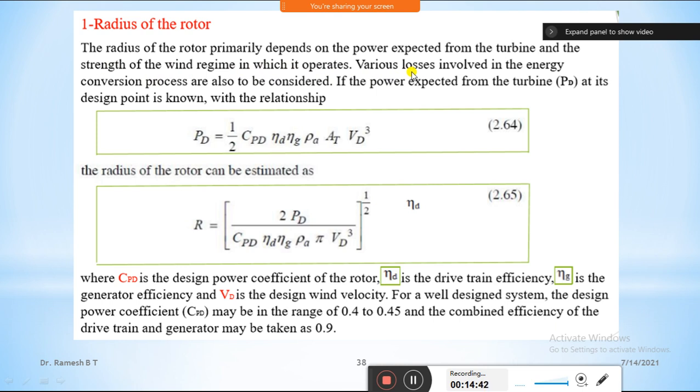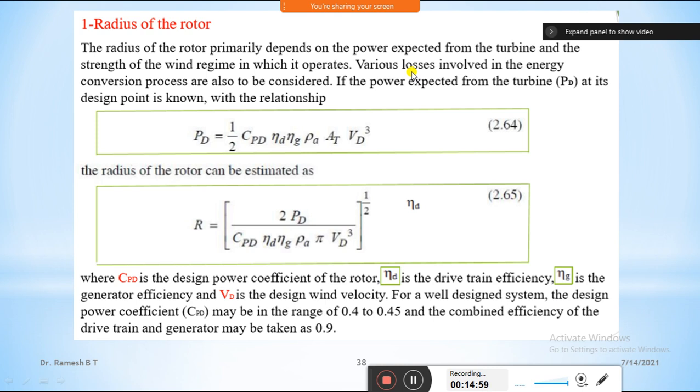If the power expected from the turbine at the design point is P_D, we can use the relationship P_D = 1/2 Cp_D ηD ηG ρ A V_D³.